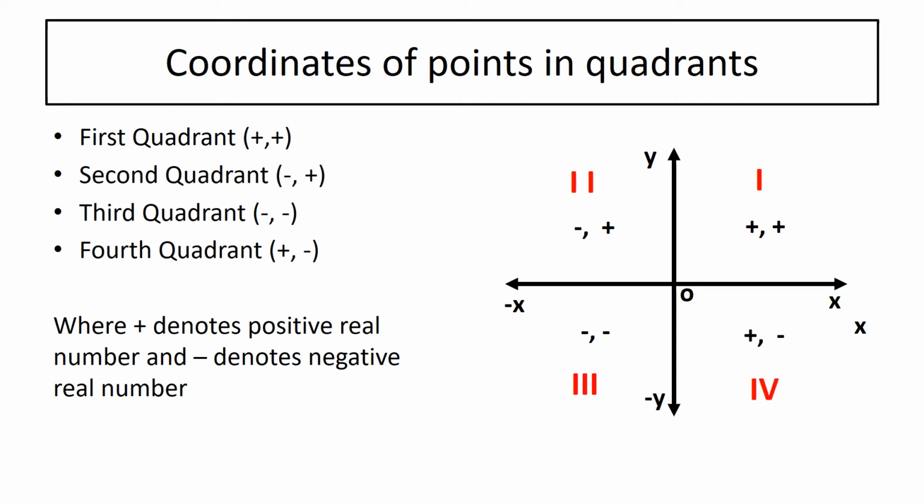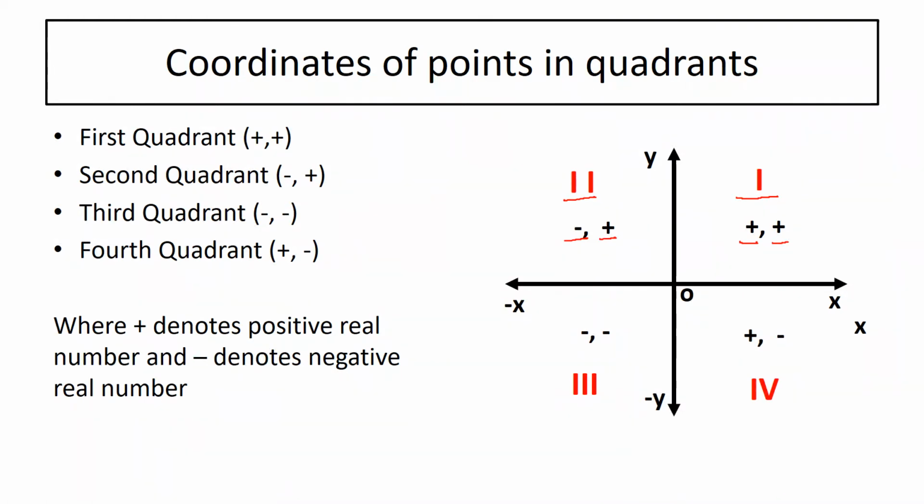Coordinates of points in quadrants. In the first quadrant, the value of the x-coordinate will be positive and the value of the y-coordinate will also be positive. In the second quadrant, the value of the x-coordinate will be minus and the value of the y-coordinate will be plus.